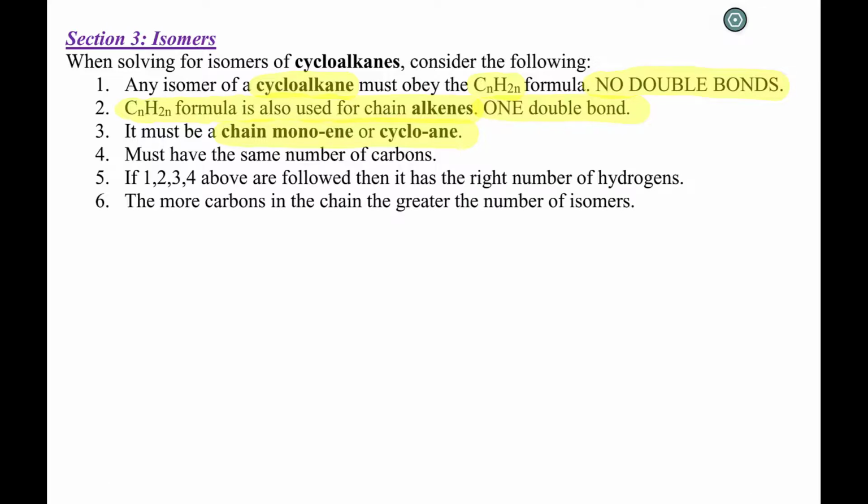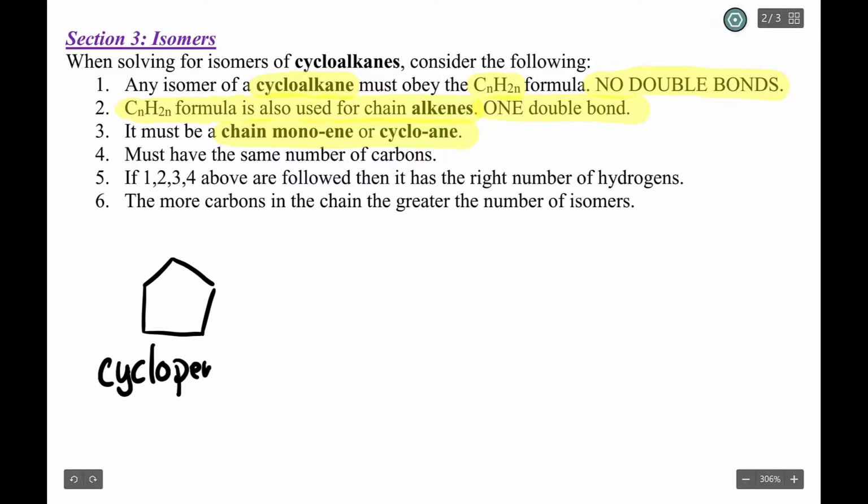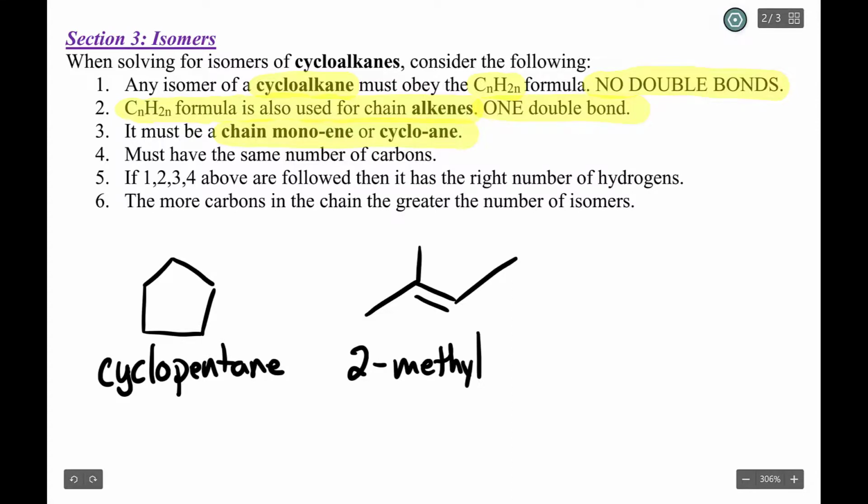So let's say I had something like this. Here's cyclopentane, and I had 2-methylbut-2-ene. Well, in both of these, I have 5 carbons, 1, 2, 3, 4, 5, 1, 2, 3, 4, 5.